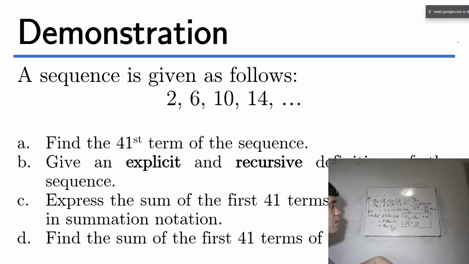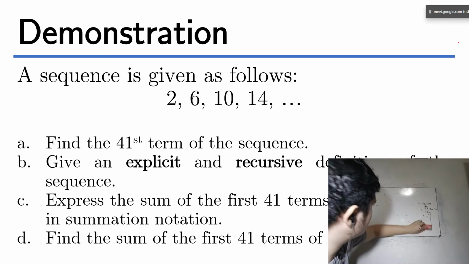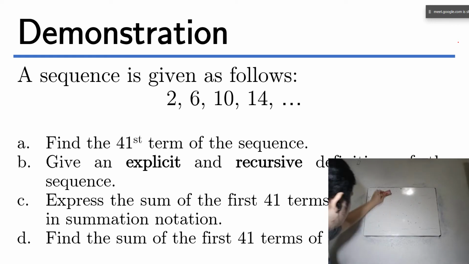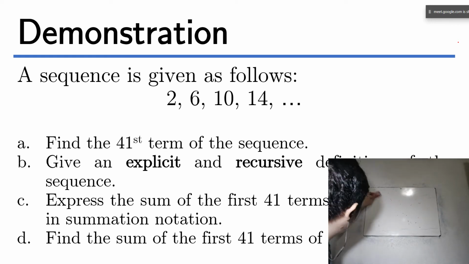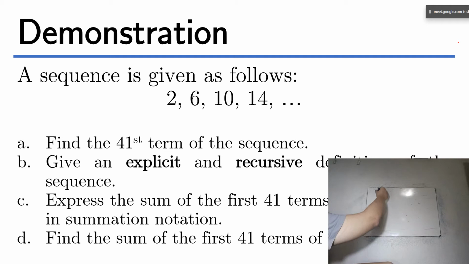Lastly, find the sum of the first 41 terms of the sequence. Let's go. We already have the 41st term from earlier, and we have the first term. So, here's what I'll do.